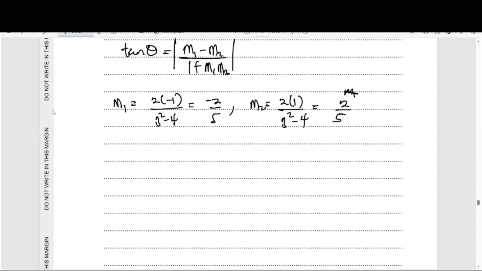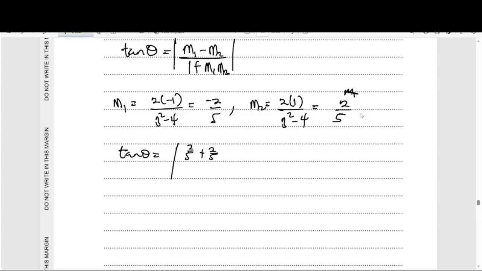So now the angle is tan theta is equal to the modulus of 2 over 5 plus 2 over 5.